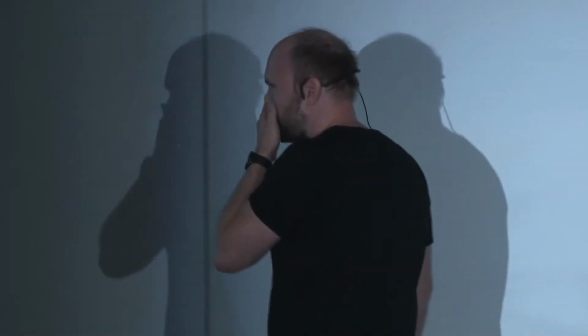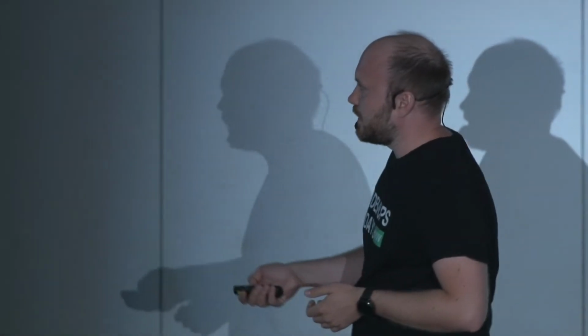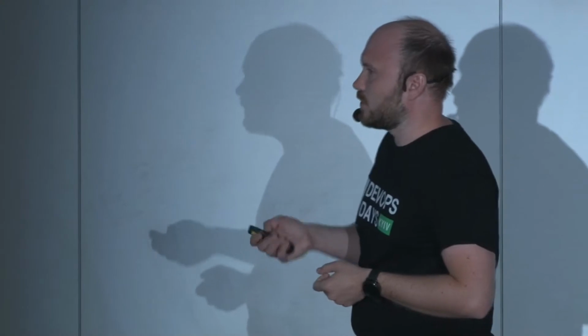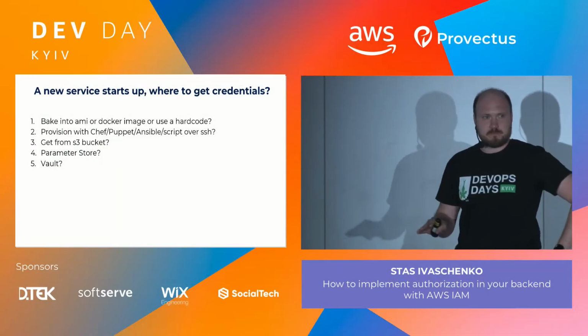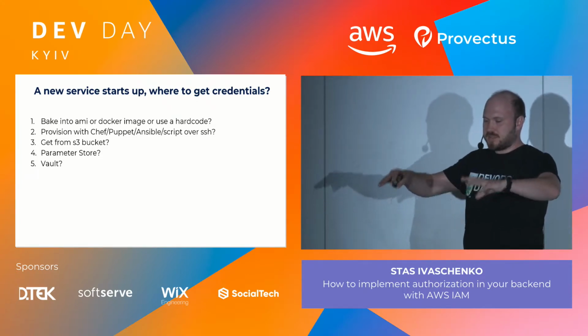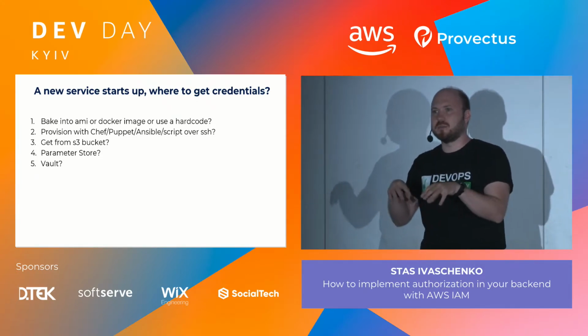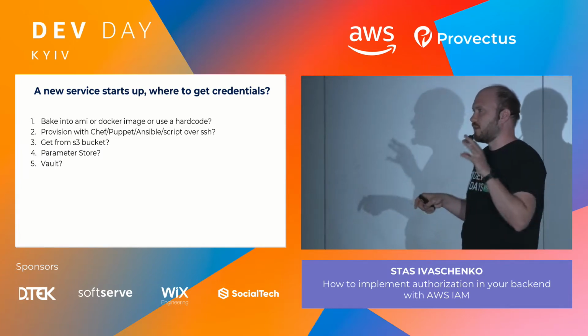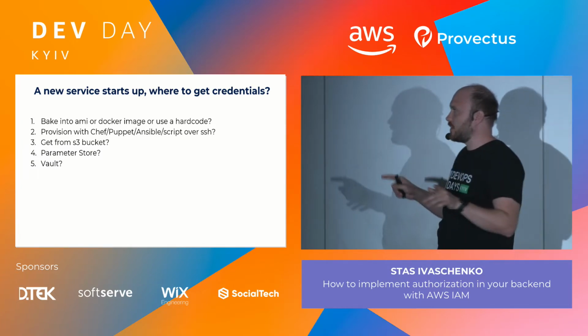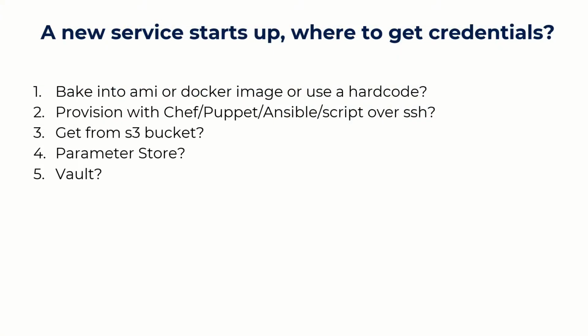Now let's take a deeper look at all those 3 options that we had on the list: S3, parameter store, and Vault. And they all have something in common in this scenario where you use them in AWS. This common thing is actually the same question. How do you log in there in the first place? And the answer is very simple.